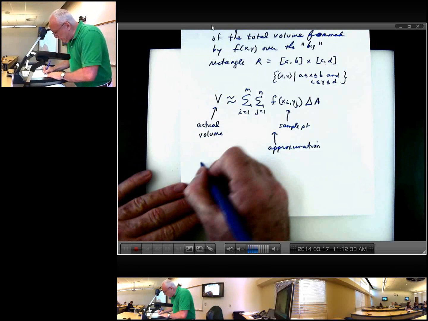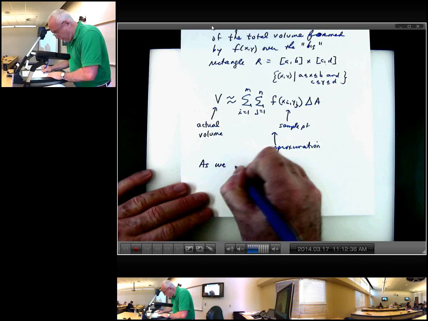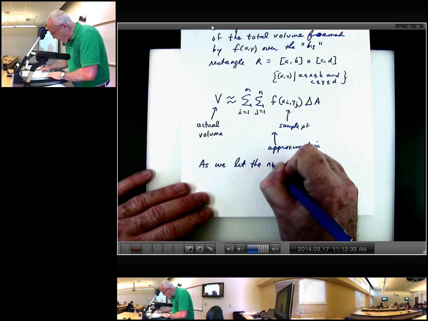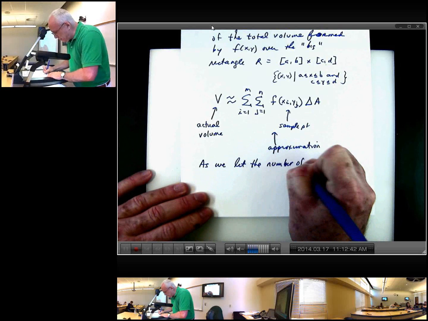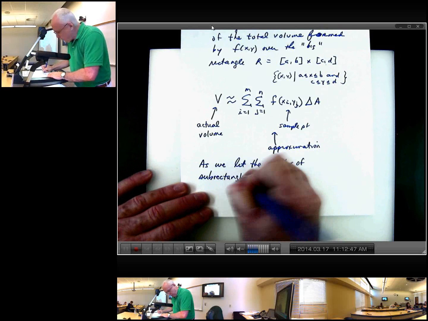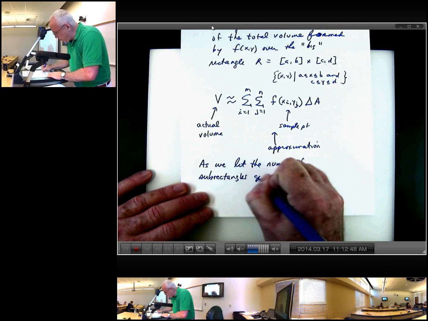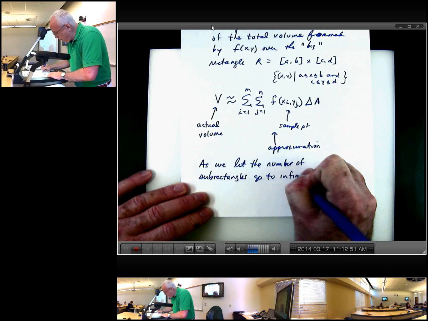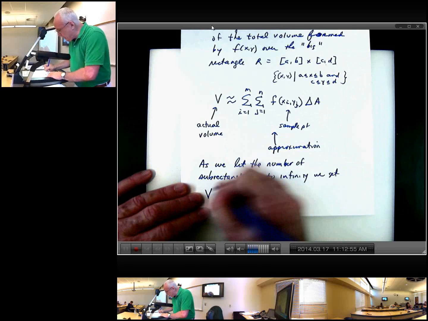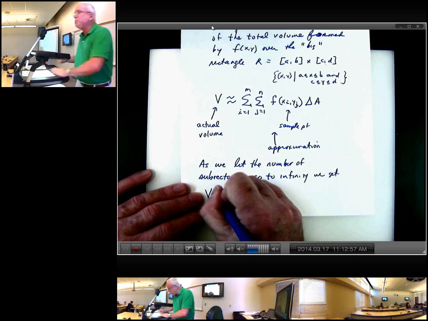As we let the number of subrectangles go to infinity, we get that the volume no longer approximates, but equals.